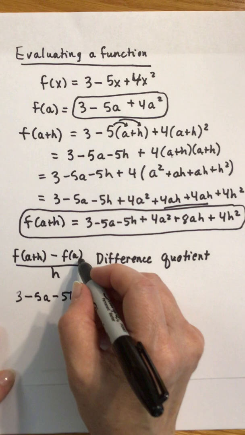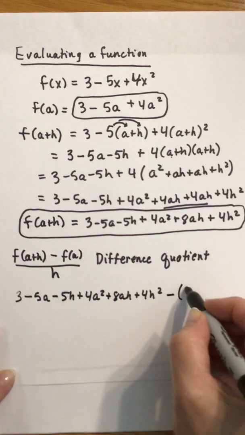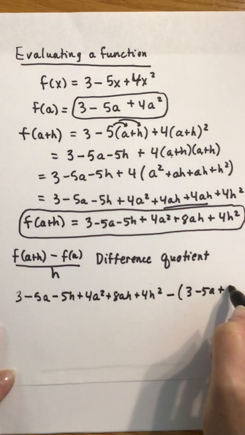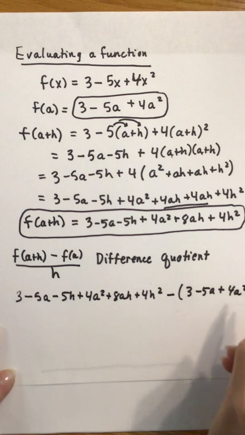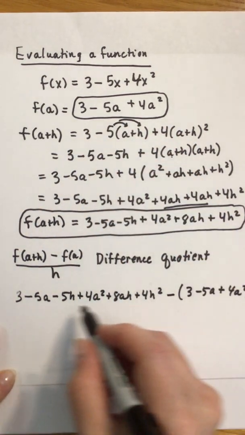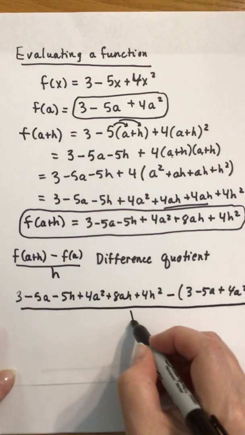Minus f of a. So minus 3 minus 5a plus 4a squared. So we're taking this f of a that we had up here and we're putting it down in here. And the whole thing is going to be over h.